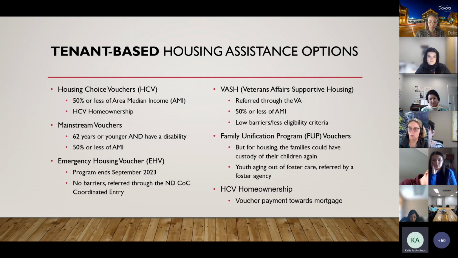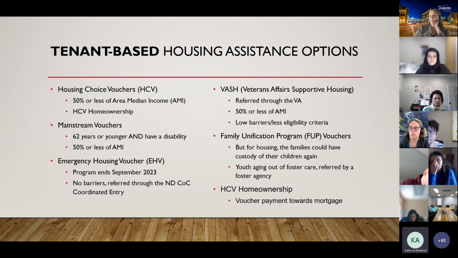There are also mainstream vouchers, emergency housing vouchers that participate with the coordinated entry system, VASH vouchers, FUP vouchers, and Housing Choice Vouchers also have a homeownership option. I believe Grand Forks is the only one in the state that has the homeownership piece, but regardless.